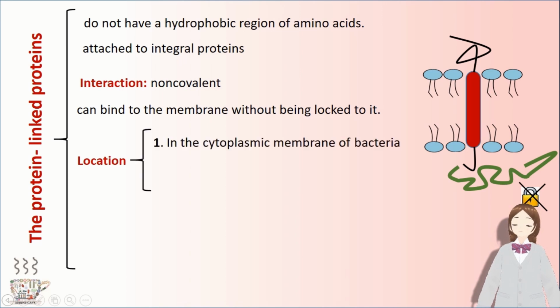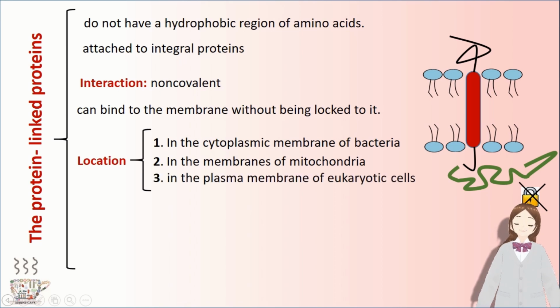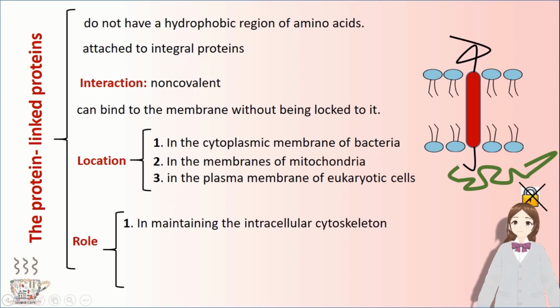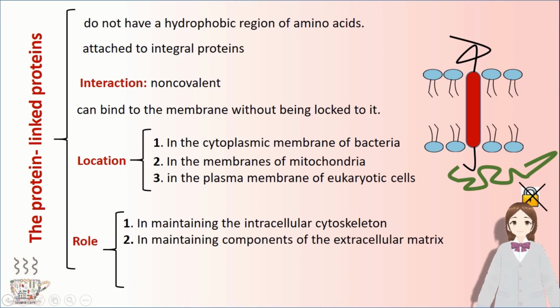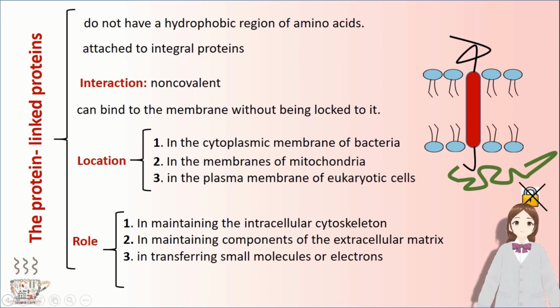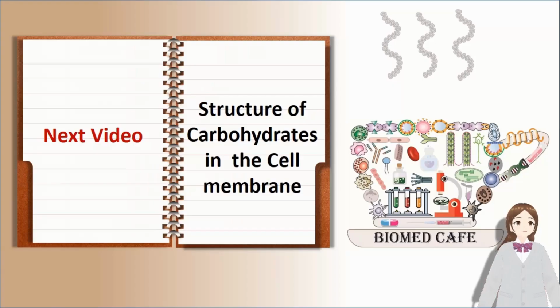They are located in the cytoplasmic membrane of bacteria, in the membranes of mitochondria, and in the plasma membrane of eukaryotic cells. Their main role is in maintaining the intracellular cytoskeleton, in maintaining components of the extracellular matrix, in transferring small molecules or electrons, and the activation of other proteins and enzymes.